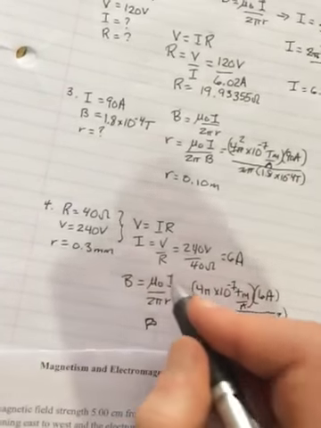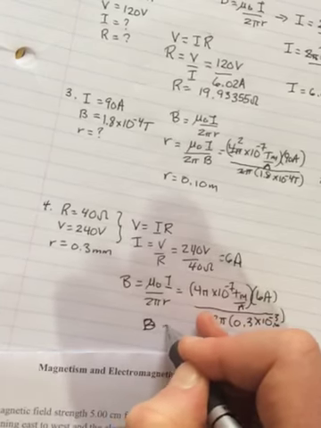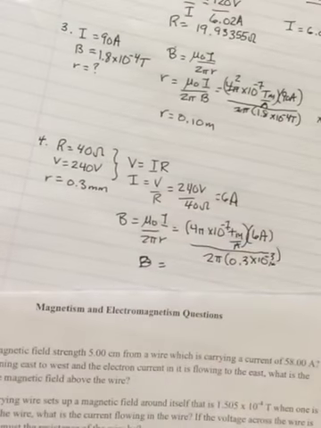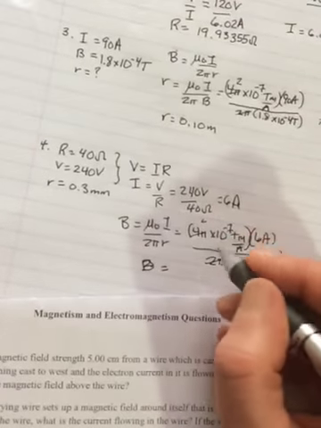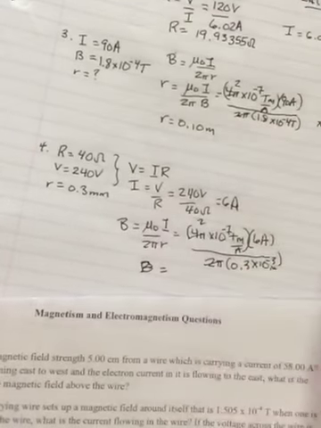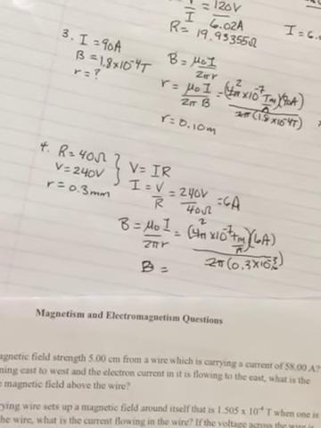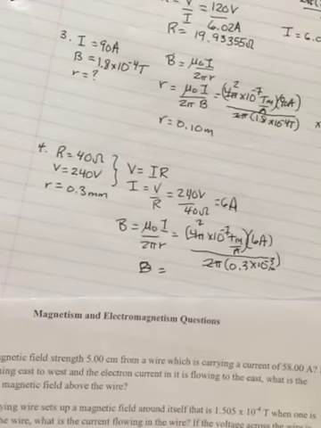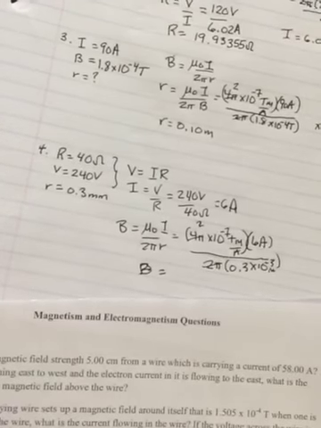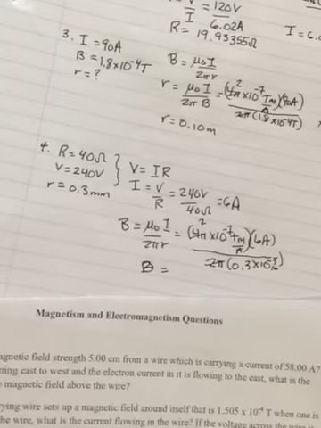B is equal to, so again, the 2 pi, 4 pi just becomes 2, so 2 times 10 to the negative 7 times 6, that's about 12 times 10 to the negative 7, and then you're going to divide that by 0.3 times 10 to the negative 3. Again, you could do this in your head.